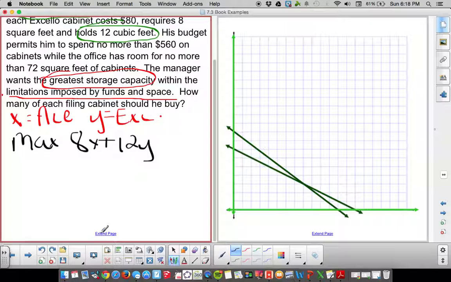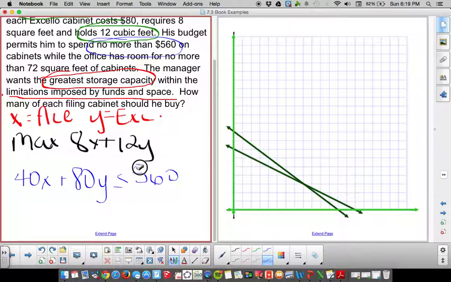So I know from my problem here, my cost limitation is that each Ace cabinet costs $40. So that's 40 times X. And each Excello cabinet costs $80. And we know he has a total of no more than $560. So I know that's less than or equal to 560.